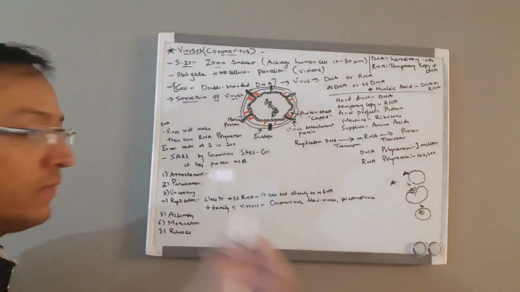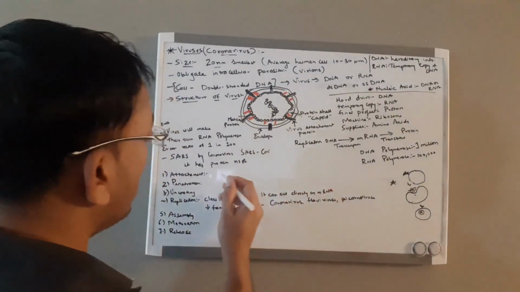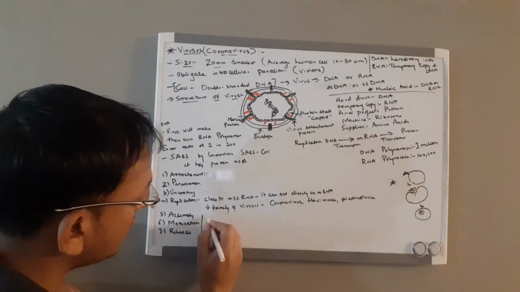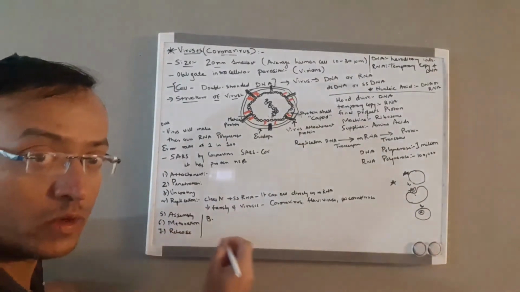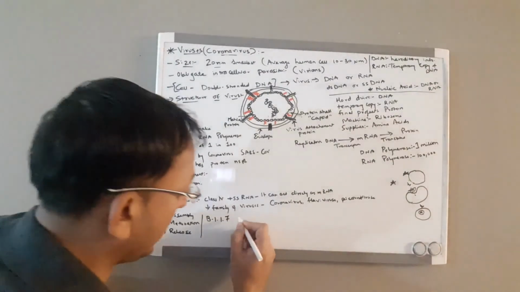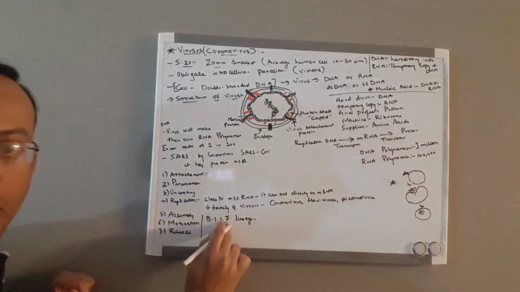For example, the mutation that occurs in Britain, so maybe I'll write it down here. The variant is known as the B117 lineage, right?